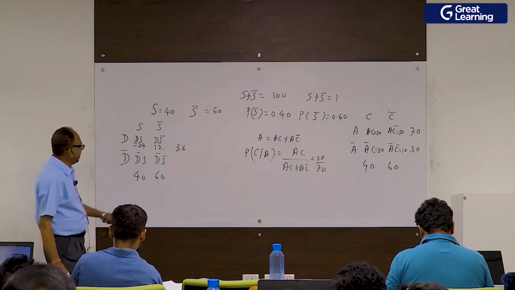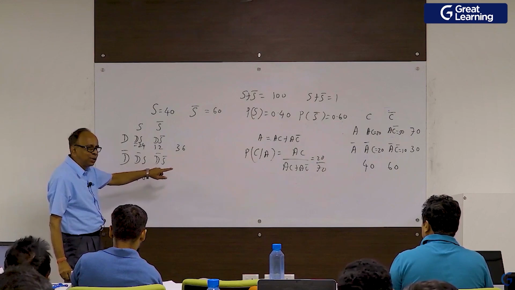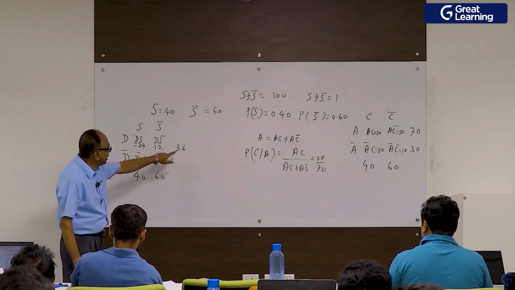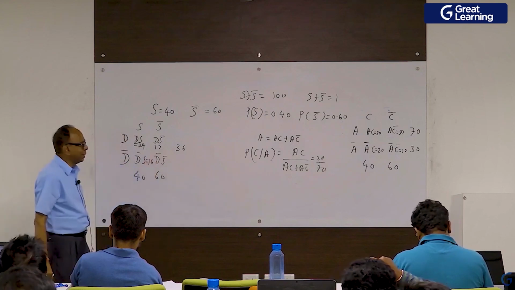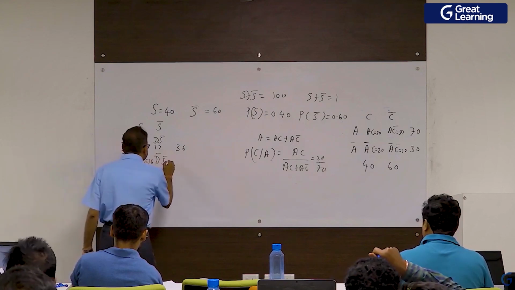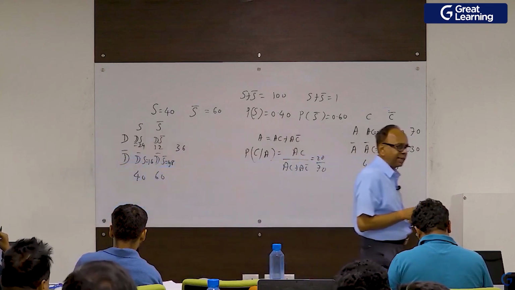This total. Now I can complete the table, but I don't need to complete it for answering the question. Still I will complete the table. If this is 36, can anyone say this is 16? Can anyone disagree this is 48? So association of attributes, all the terms are there.